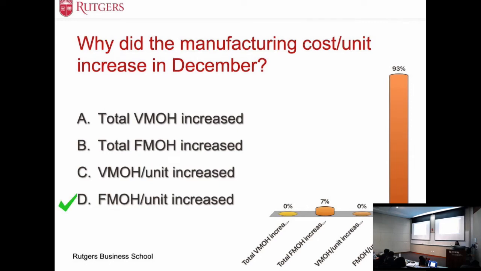Okay, so most of you got it correct, right? Because the fixed overhead per unit increased because now we made less than what we sold, right? So that's the reason. Some people chose B. The total fixed overhead is fixed, right? So if you look at the total amount, it's the same. It stays the same. What increased is the unit fixed overhead.